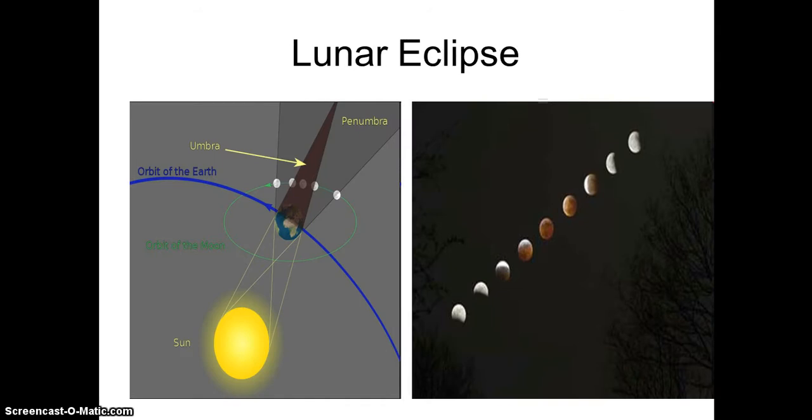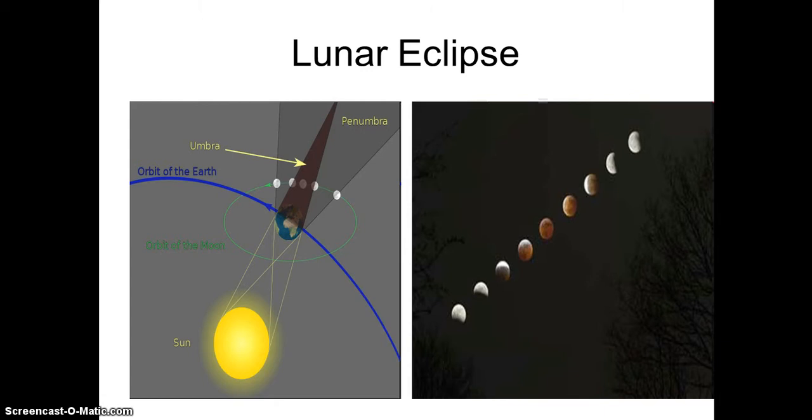This picture is showing us a lunar eclipse. We actually just had a blood moon not too long ago. A blood moon is experienced when we, from our vantage point, can see a full lunar eclipse. Lunar eclipses are named so because the moon is being blocked out by the Earth's shadow.